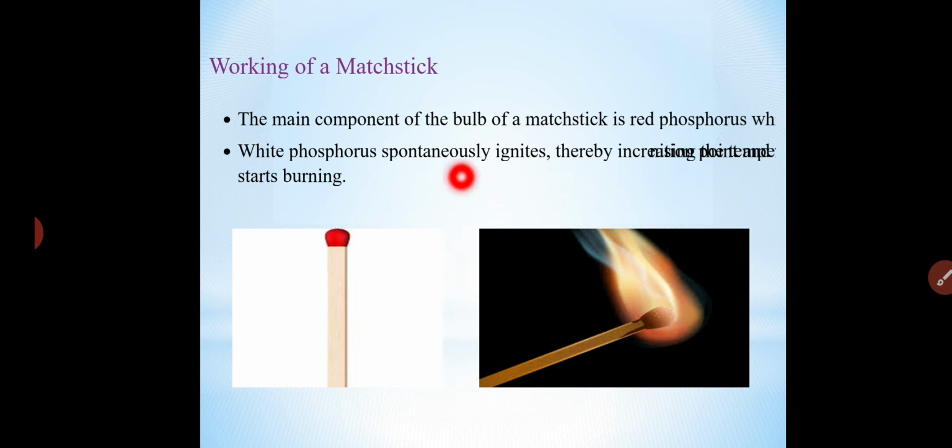White phosphorus spontaneously ignites, thereby increasing the temperature, and it starts burning. So how does the matchstick work? The matchstick is made with red phosphorus, and when it is touched against the matchstick box, it starts burning.